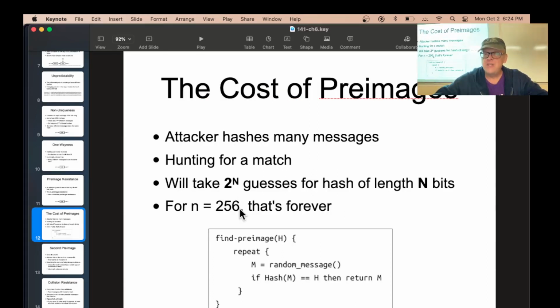So if you have a 256-bit hash, that's forever. 128 is also forever. 2^128 and 2^256 are more calculations than you can ever make with all the computers in the world for all the time in the world. So that's why a hash of 128 bits or longer should be strong enough that nobody will be able to find from the hash an input that will create that hash.